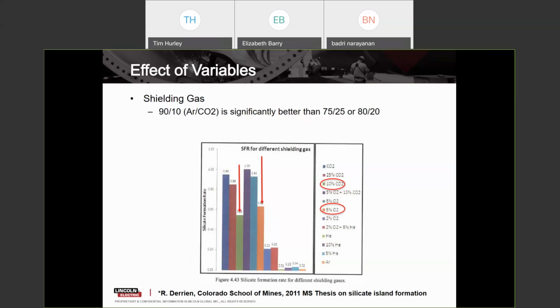There are some lower rate gases you can see at the bottom, but most of those are helium-based, pure argon, non-traditional steel types of gas mixtures. So what we see is really that the 90-10 argon CO2 is preferred even over a 95-5 for giving us the lowest rate of silicate formation.